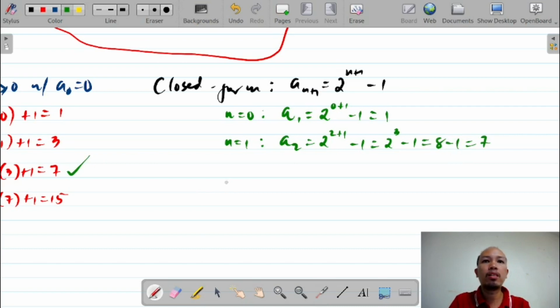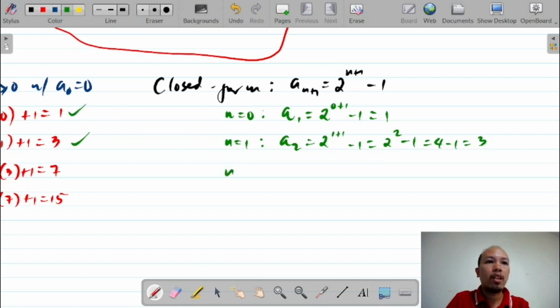Sorry, did I make a mistake? This is 1 here. Sorry, it should be 3. Let's go back. 2 to the 1 plus 1 minus 1 is equal to 2 to the 2 minus 1, which is 4 minus 1, equal to 3. So the same as this one here.